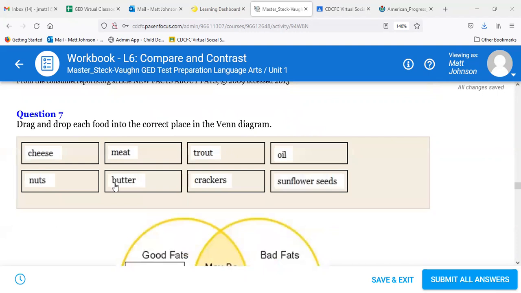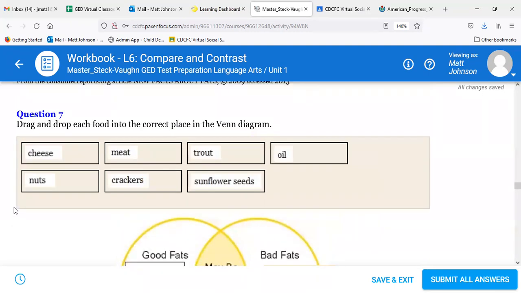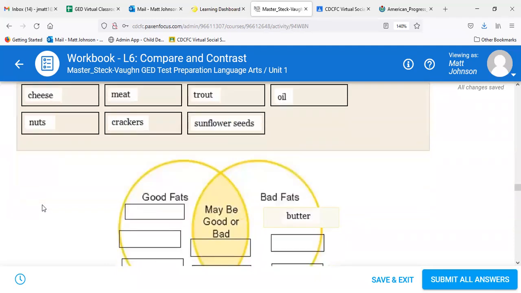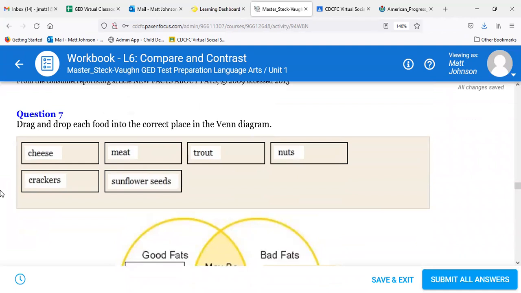Butter. What else? Oil. Oil is a maybe good or bad because it depends on the oil. Okay.